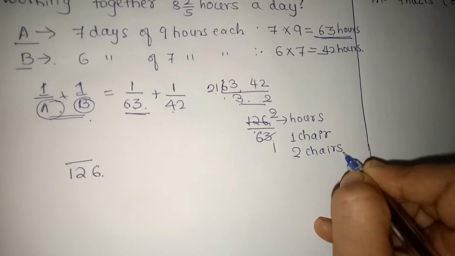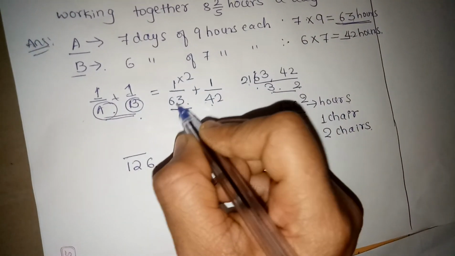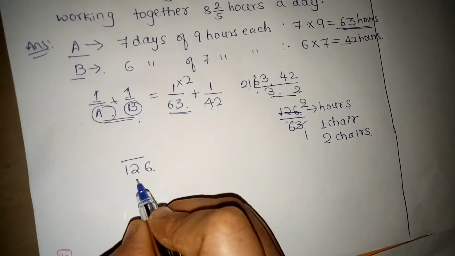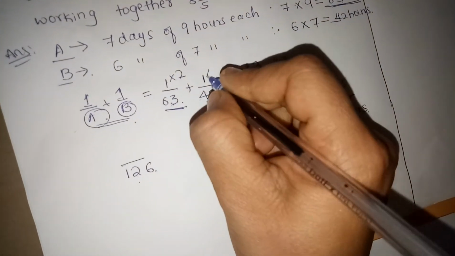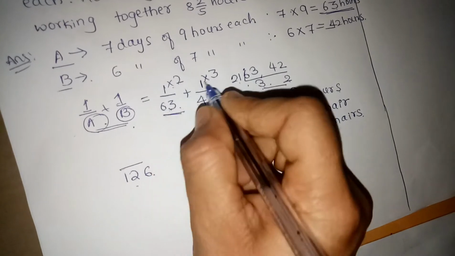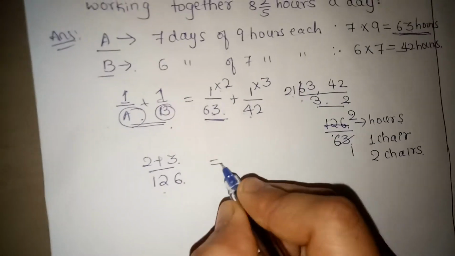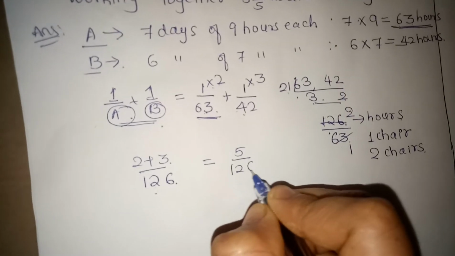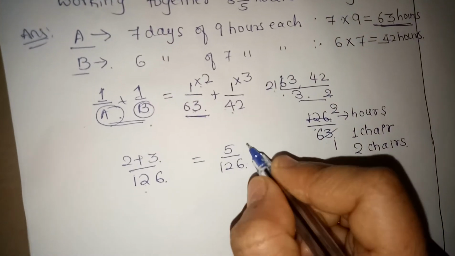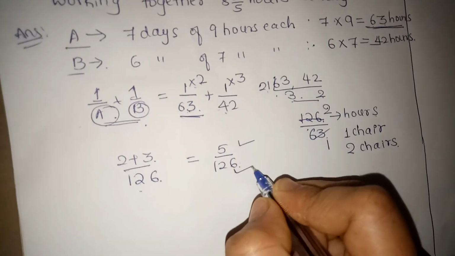So we write 126 into 63 into 2, that is 126. Next 42 into 3, that is 126. So 2 plus 3 we take here. Now it is 5 by 126. This means 5 units of work can be done in 126 hours.